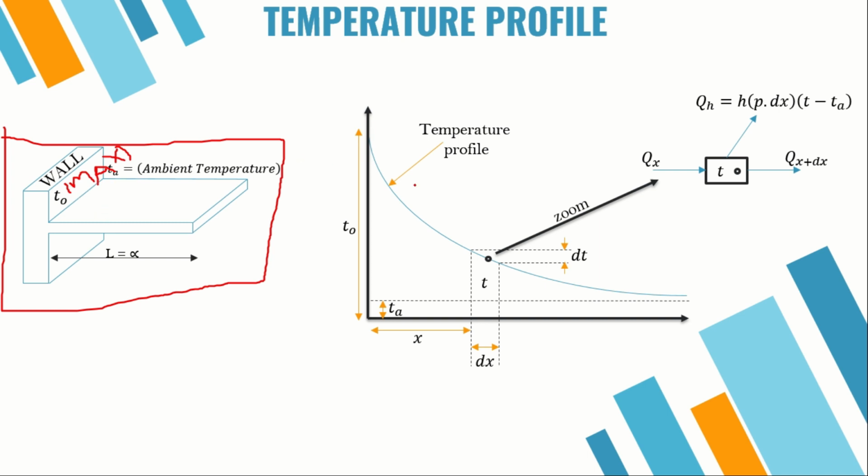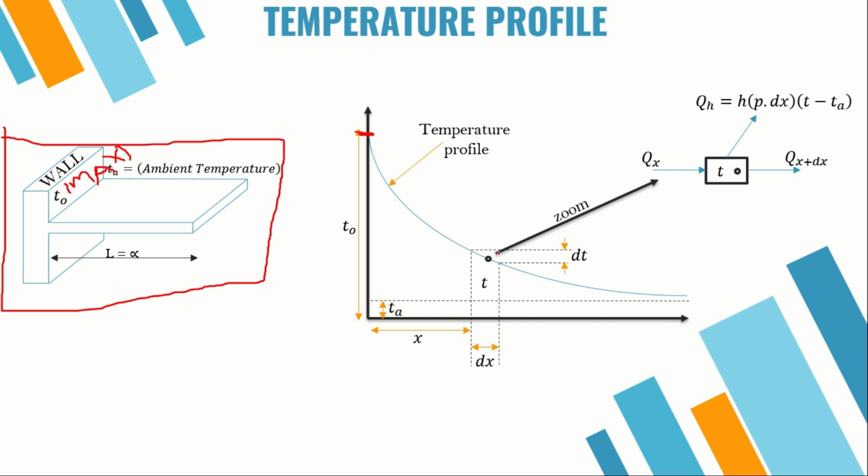So here in the temperature profile curve, we can see that T naught is an initial high temperature, and as we move away from the wall, that is, moving in the x direction, the curve is exponentially decreasing, and it tends to be equal to Ta, that is the ambient temperature. So here we can see the temperature profile curve.